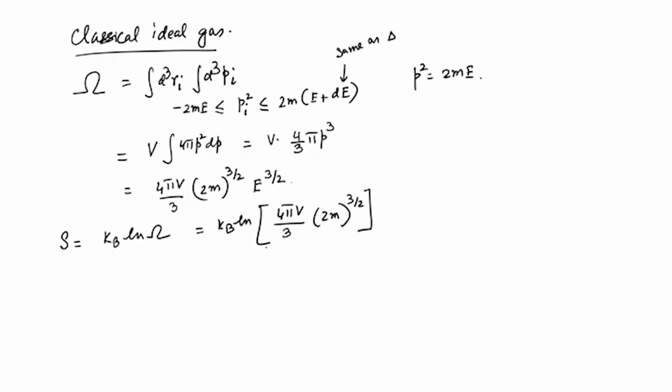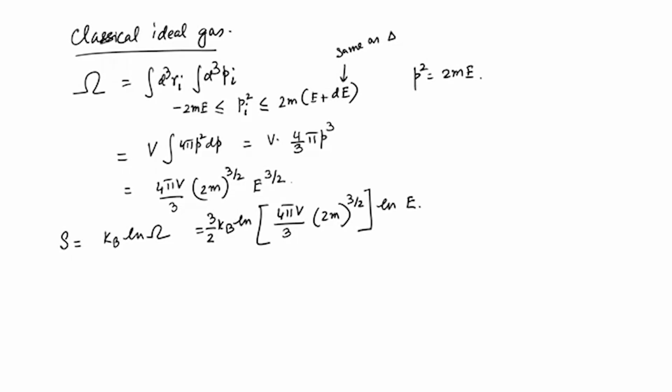So, this is a constant for a given mass of the particle and volume, and then there is a 3 by 2 and a log of E. Okay. So, it goes as log of E, and this is what the entropy of the system is.